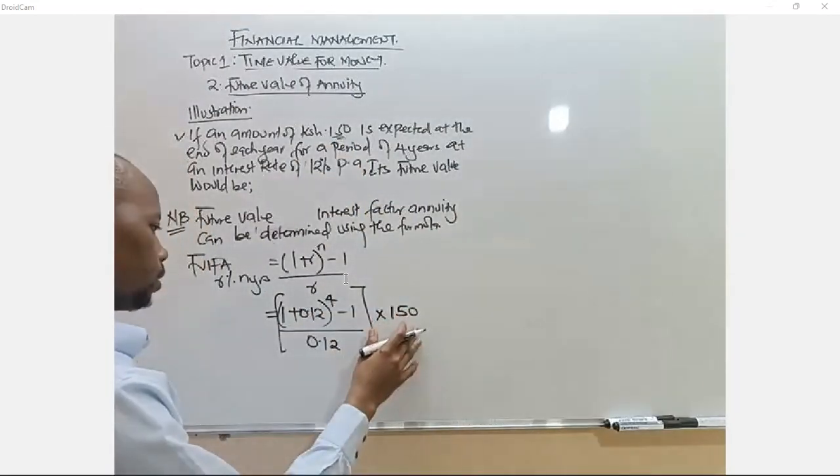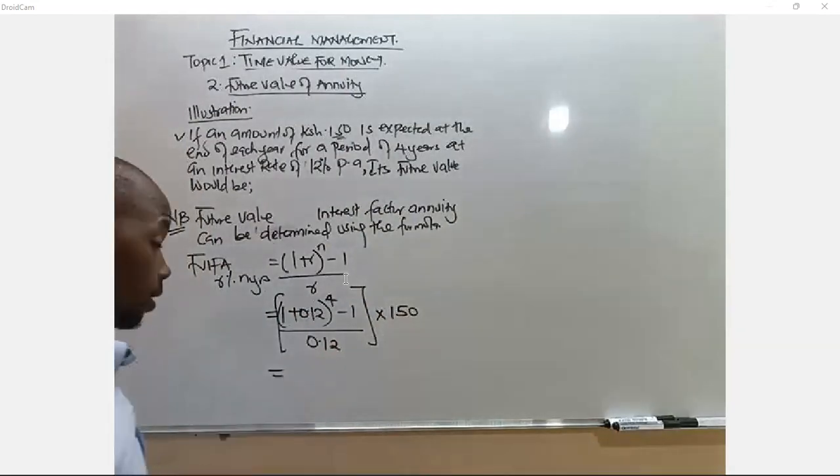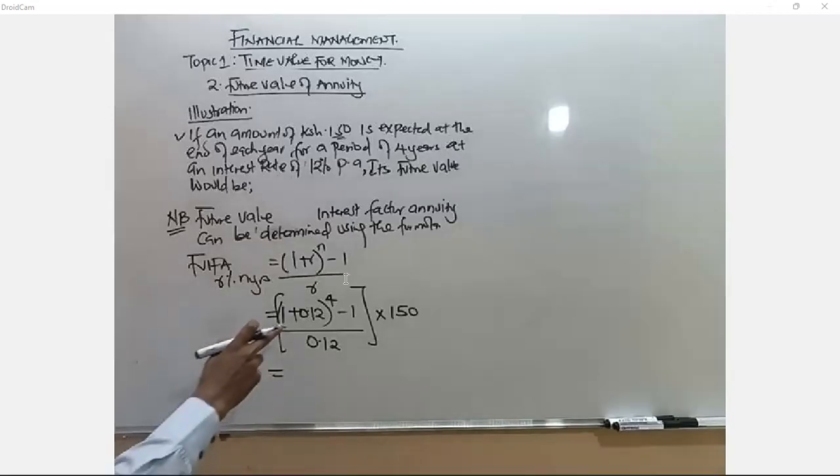So this is the future value. How much is this? We multiply with our cash flow. So how much are we getting? I start with the brackets: 1, it should be 1.12. We raise it to the power 4, minus 1. You divide by 0.12.